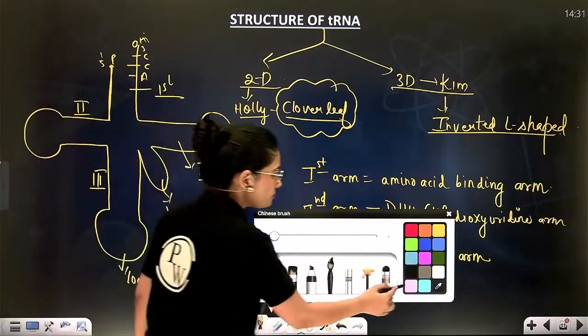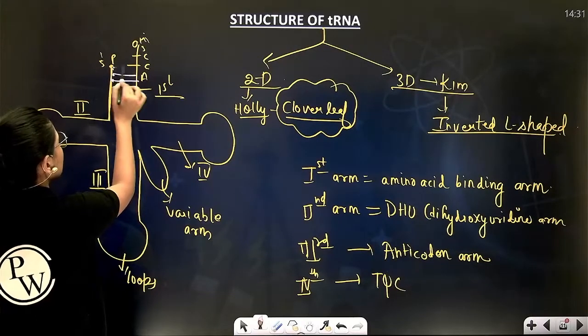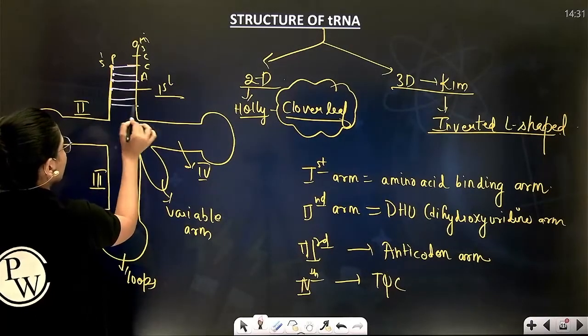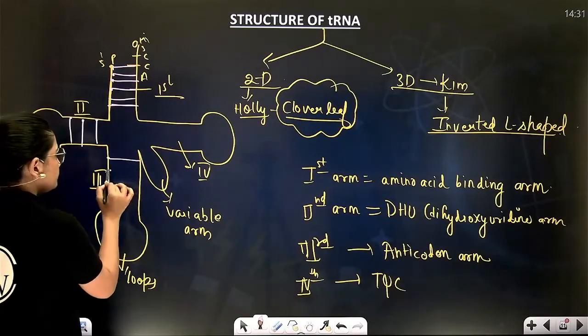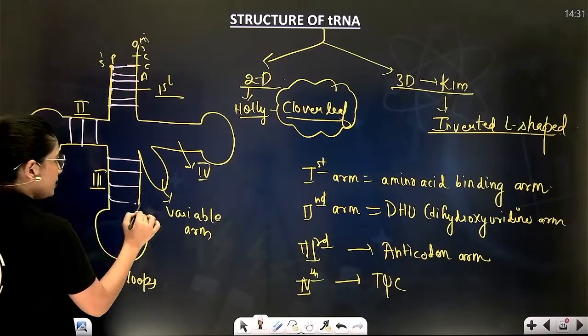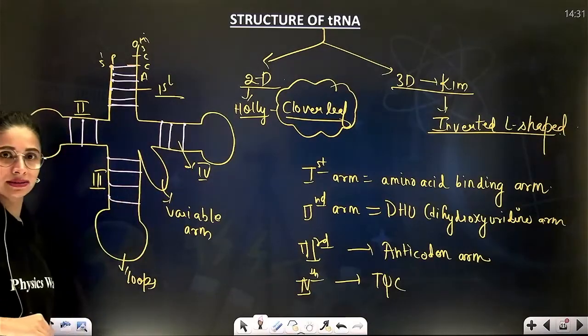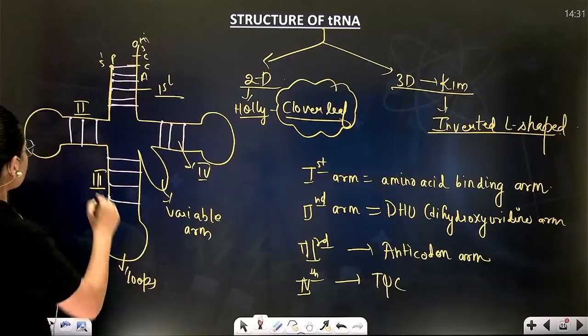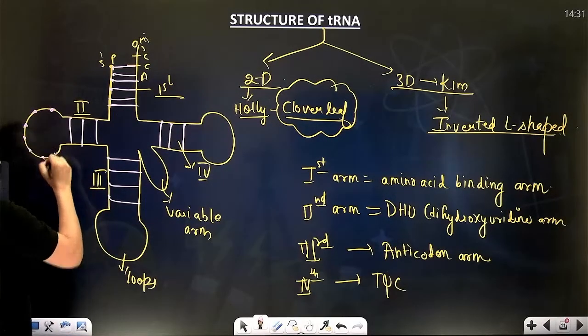Now, arms have paired nitrogenous bases. Even being single-stranded, they have n number of paired nitrogenous bases. However, the loops have unpaired nitrogenous bases.